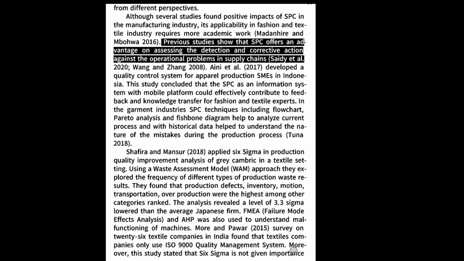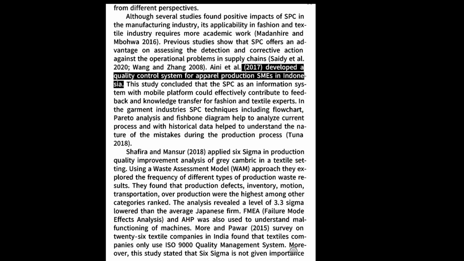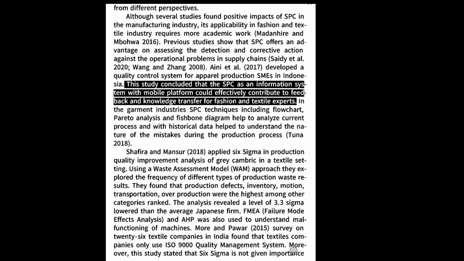Previous studies show that SPC offers an advantage in assessing the detection and corrective action against operational problems in supply chains. Seti et al. 2020, Wang and Zhang 2008. Eni et al. 2017 developed a quality control system for apparel production SMEs in Indonesia. This study concluded that SPC as an information system with a mobile platform could effectively contribute to feedback and knowledge transfer for fashion and textile experts.